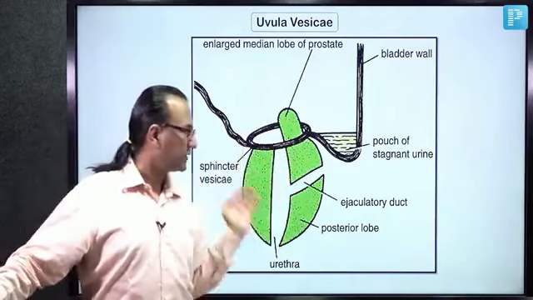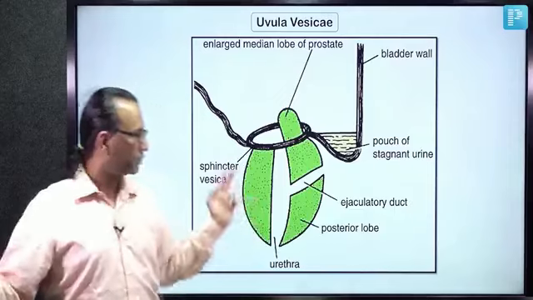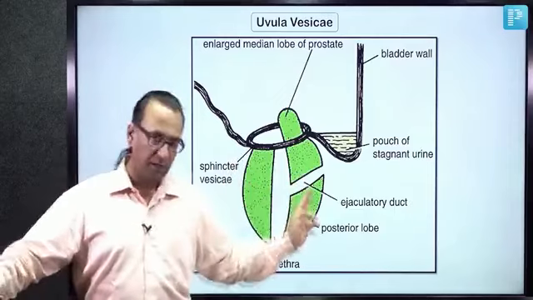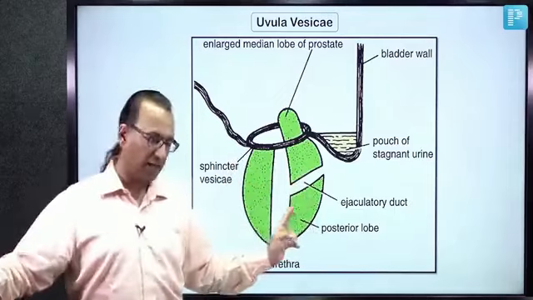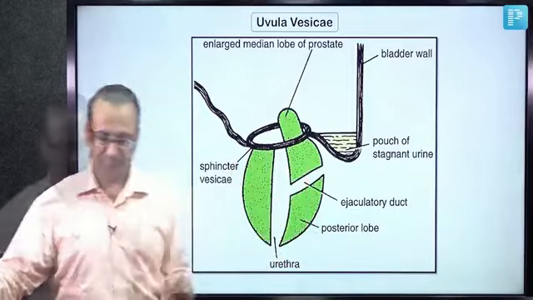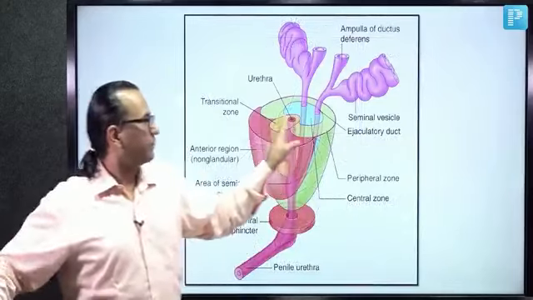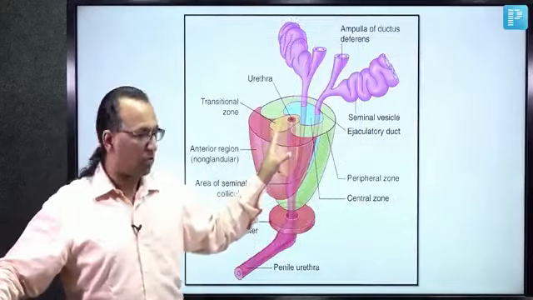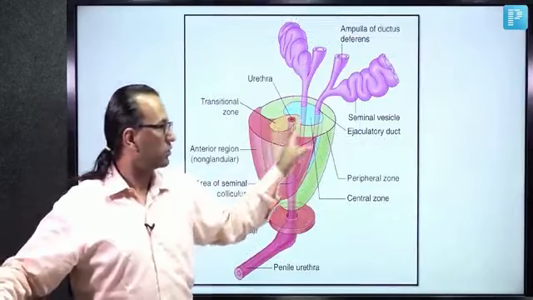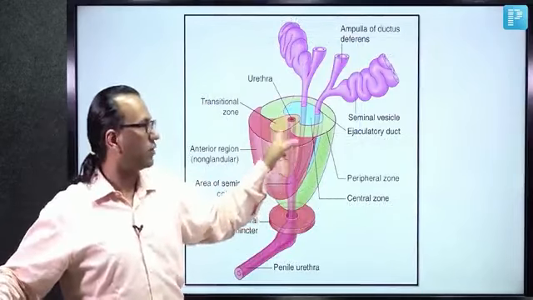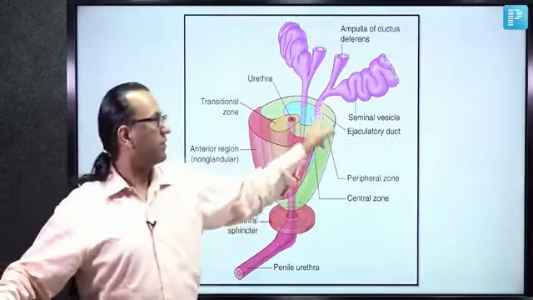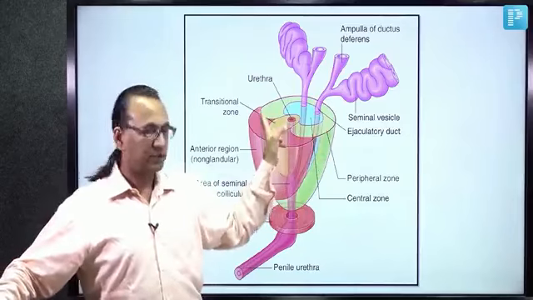Now here is the simplistic way of telling about the prostate, the lobes, but then there is a more detailed description of the prostate, and that is the zones of the prostate. Let us look into that detailed diagram then. Understand that there is a periurethral zone, which is also called the transition zone, and is prone to BPH leading to bladder outlet obstruction. And then there is a peripheral zone which is prone to cancer.